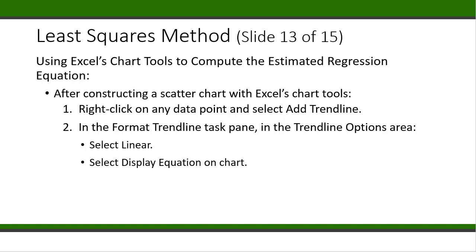And I've already demoed how you can construct that scatter chart with Excel charting tools. You right click on the elements, or you could select a data point, and add the trend line. From the trend line, you can expand that out and scroll down and add the equation and the r squared value.